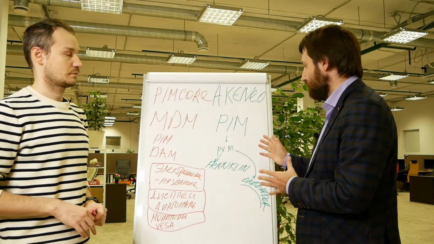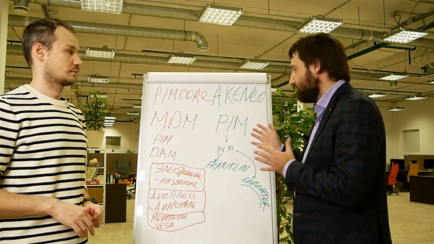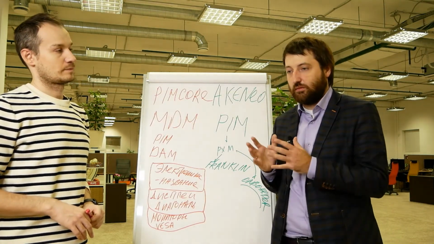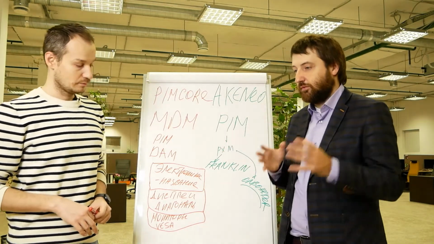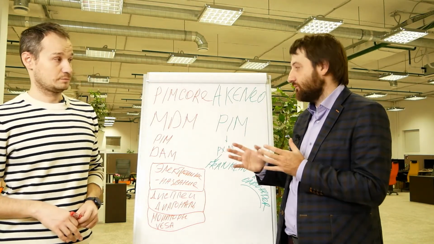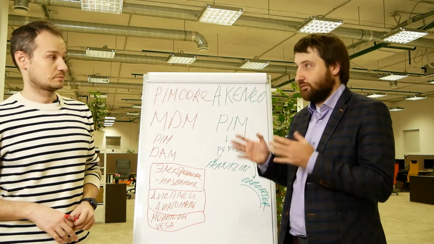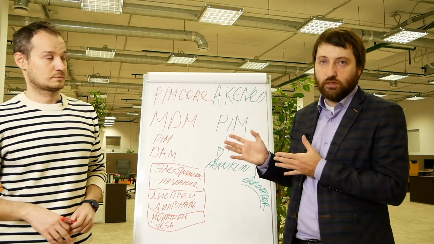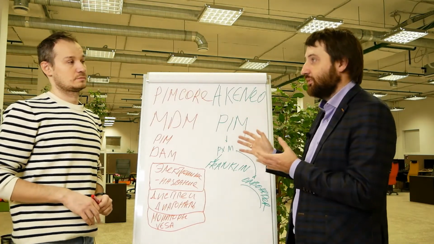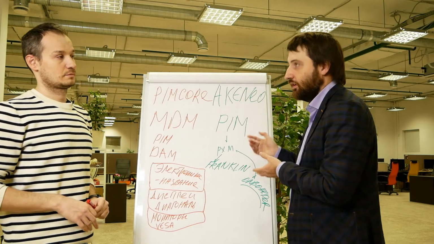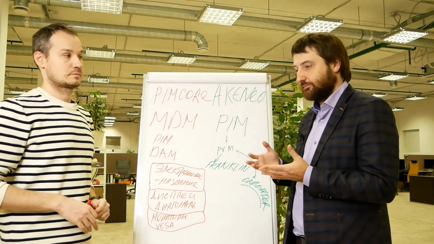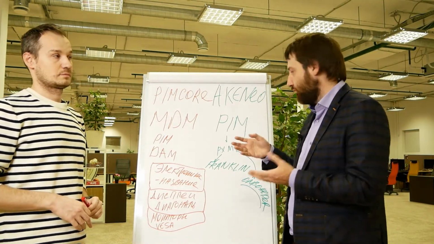What's also important to know about Akeneo? If you just need a storage system for product attributes and you don't have any complex developments, something that we've just described, Akeneo is perfect for you. It's easier, faster to set up, of course. It's more universal.